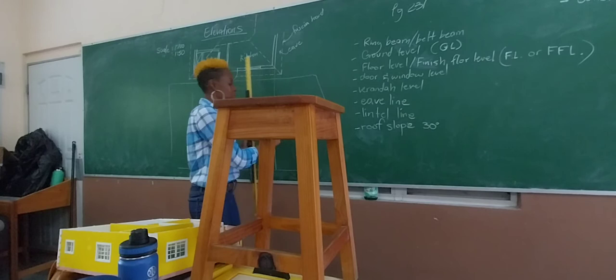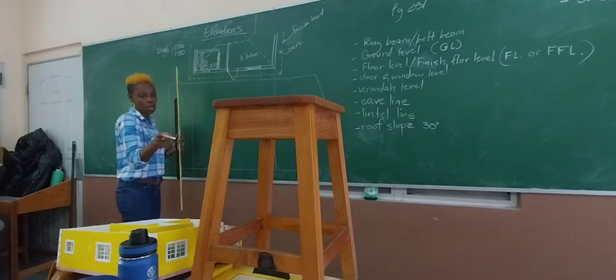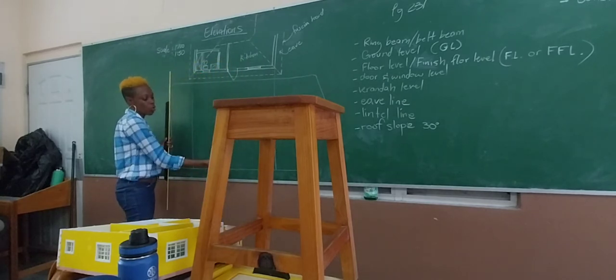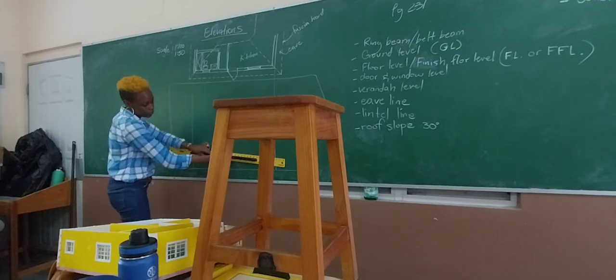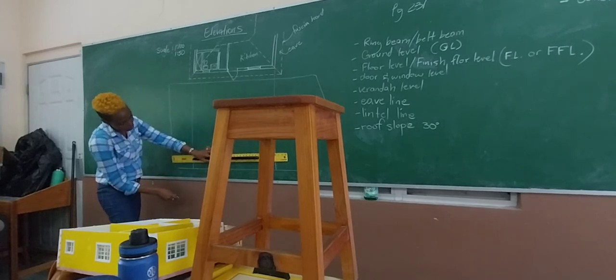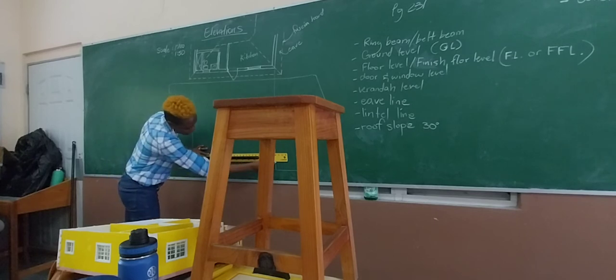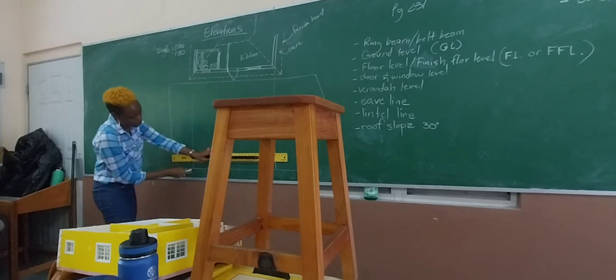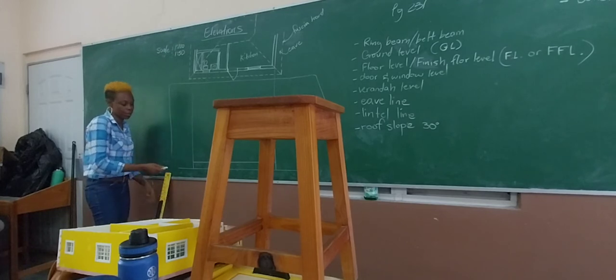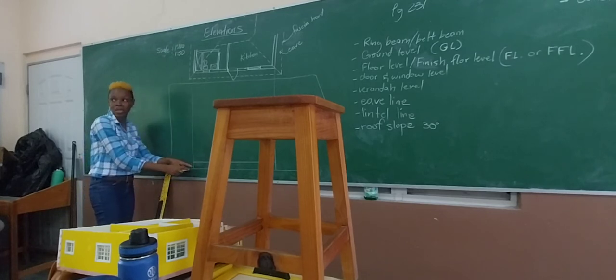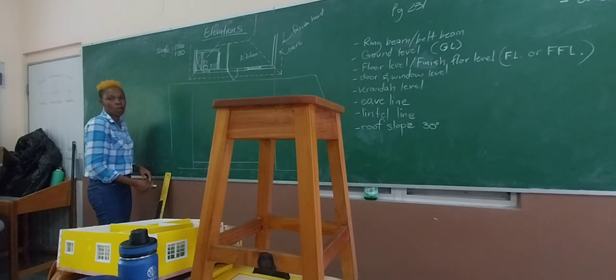So we will do the same thing here. On your ruler, you are going to measure 1.5 centimeters. That line will represent your floor level.